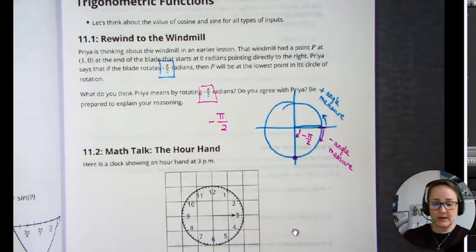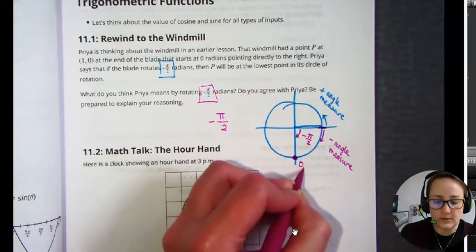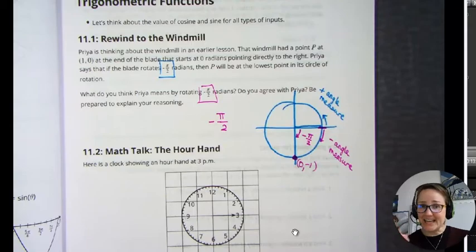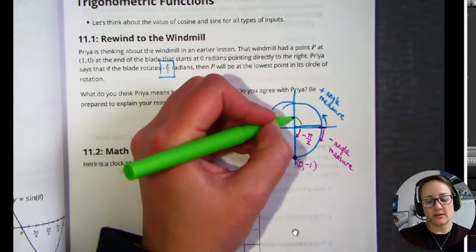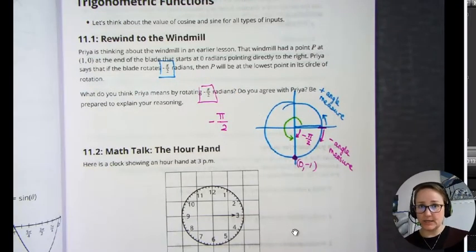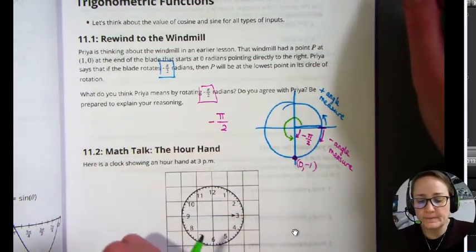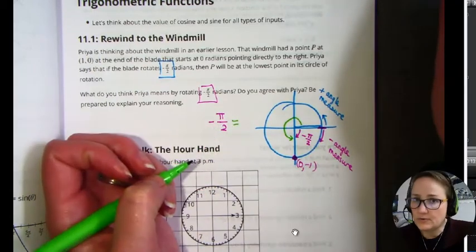Notice that that angle and its coordinates down here at 0, -1 is the same coordinates as if we had started here and gone in a positive angle measure. They get to the same place, they're going to have the same coordinates. So all of our coordinates at negative pi over 2 are going to have the same sine and cosine, the same coordinates.